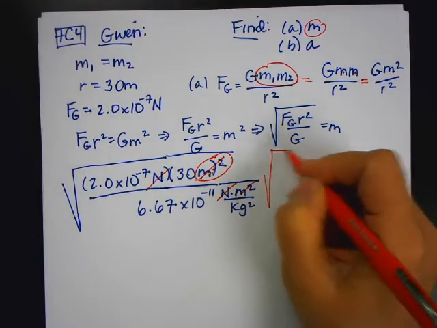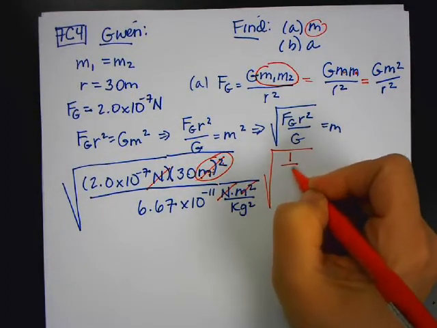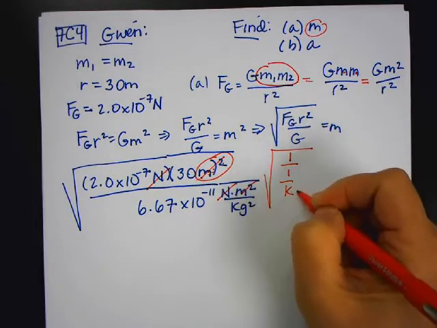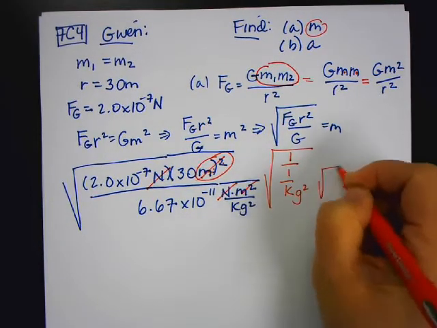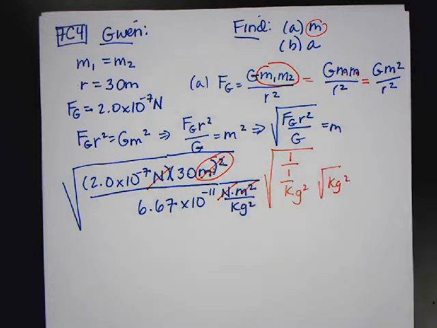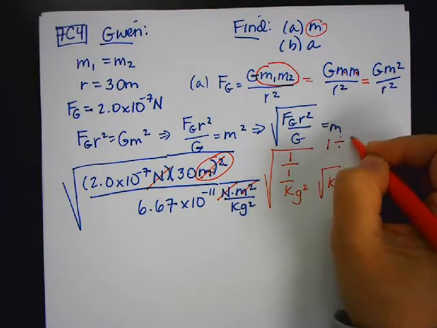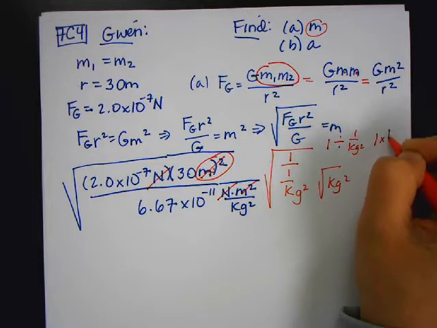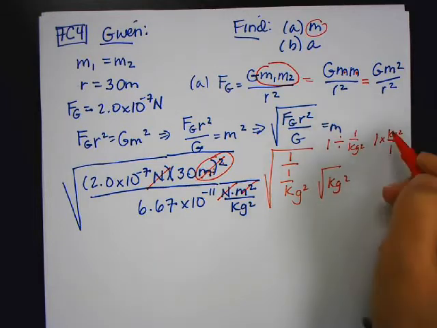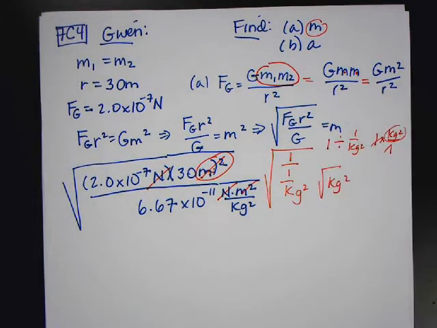So underneath my radical, I have 1 over a kilogram squared, which is basically under the radical a kilogram squared. Because don't forget, 1 divided by 1 over a kilogram squared is 1 times a kilogram squared over 1. But most of us don't need to write that out.